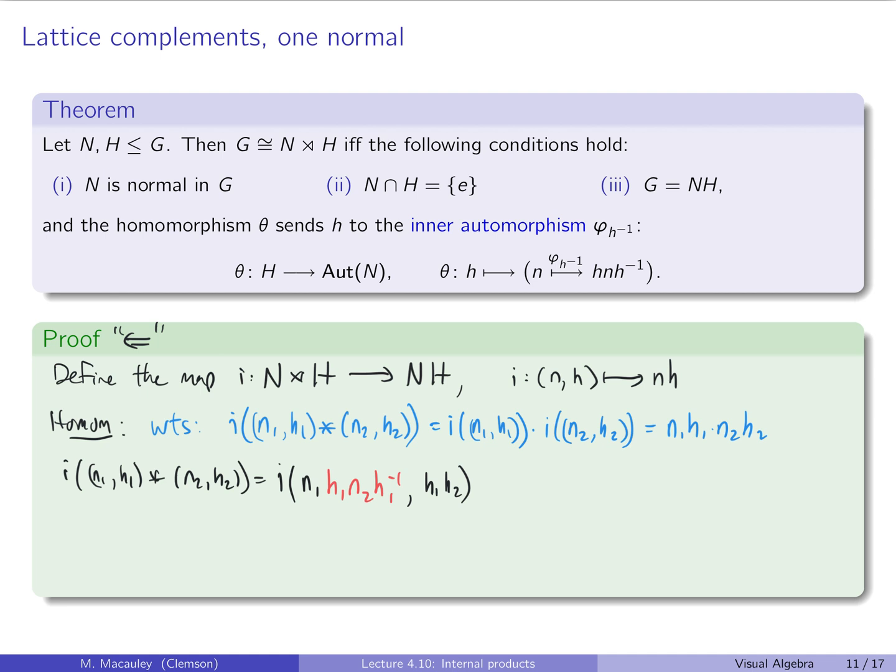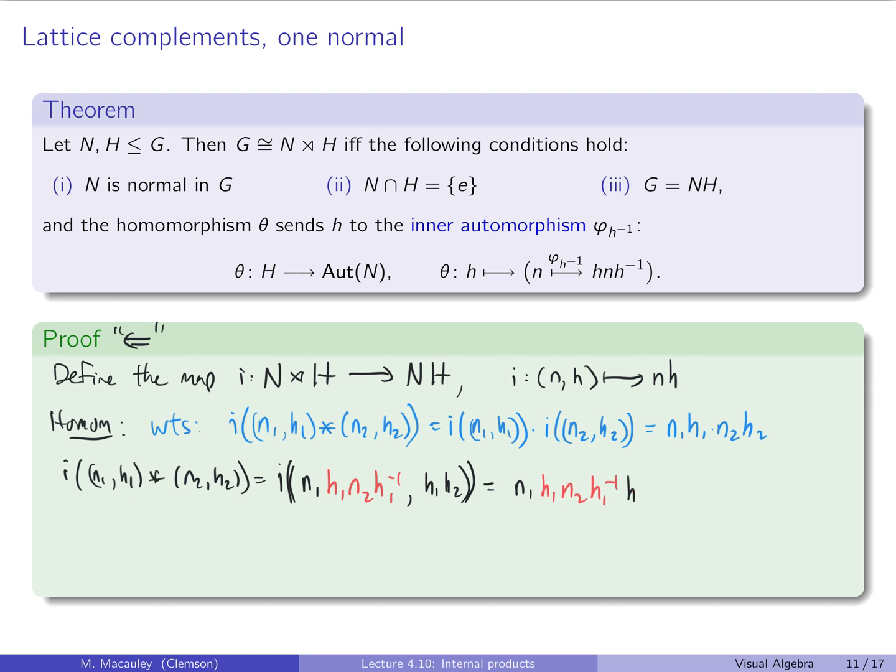And I should probably do that. So now we just have the map I of an ordered pair, and we know how to define that. So we just multiply these things together. So this is N1, H1, N2, H1 inverse, and look what happens.